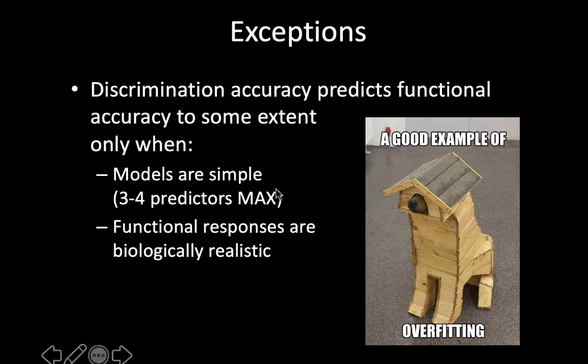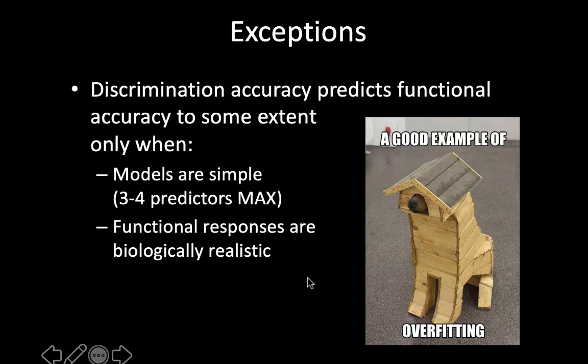But this is kind of saying, in my mind, if you have 100 data points or fewer, and you're trying to build a model where you can trust the relative suitability of habitat, those continuous suitability scores, using discrimination accuracy, you really shouldn't trust your model selection for that purpose unless you're using a very small set of predictors. So, 3 to 4 predictors, and also thinking pretty hard about what those functional responses are like.